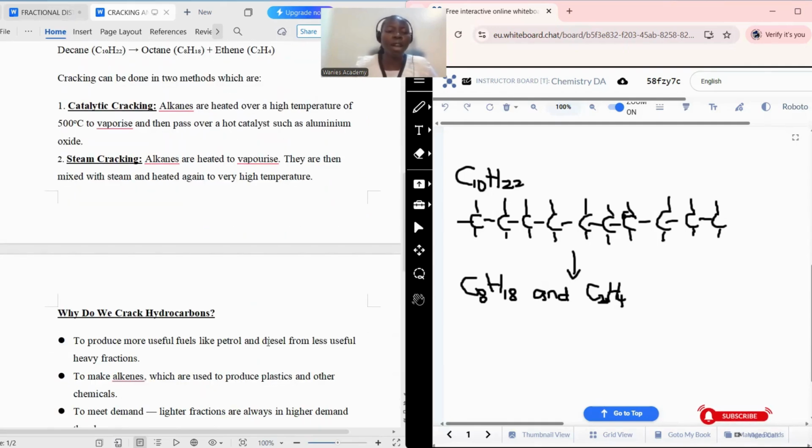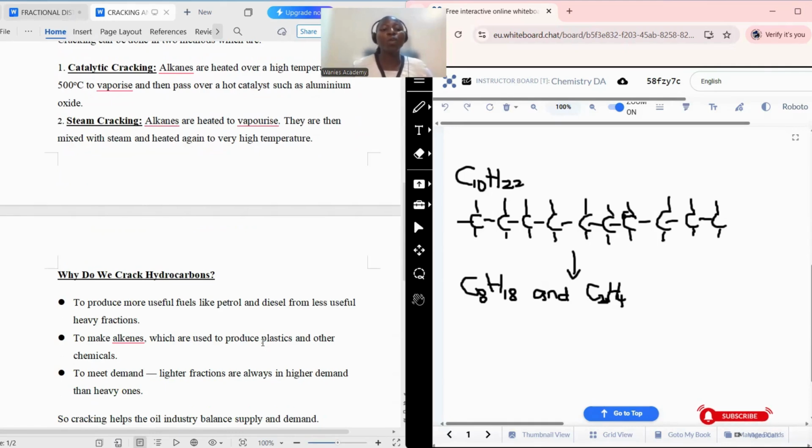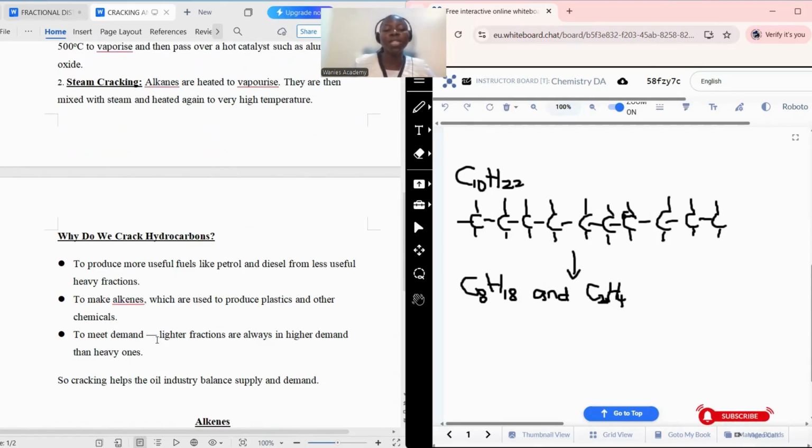So why do we crack hydrocarbons? One, to produce more useful fuels like petrol, like diesel from less useful heavy fractions. So since we said we can't use the heavy fractions like that, they are less useful ones. So we break them down to create more useful fuels like petrol, like lubricating oil and others. Also, we break down hydrocarbons to make alkenes, which are used to make plastics and other chemicals.